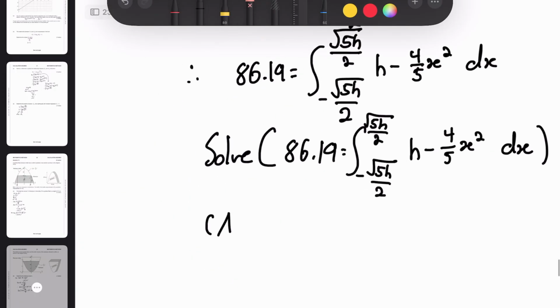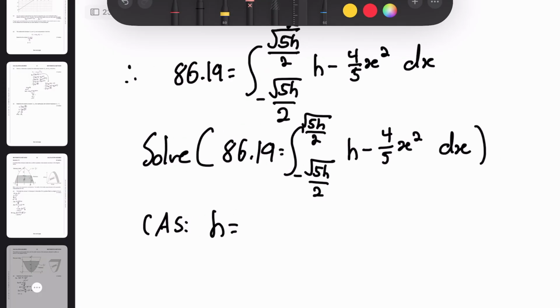And then on CAS, we have h is going to be equal to, let's see if we even get an answer. Instead of h though, we'll just use y. So the integral from negative square root of 5y divided by 2 to square root of 5y divided by 2 of y minus 4 on 5x squared dx.